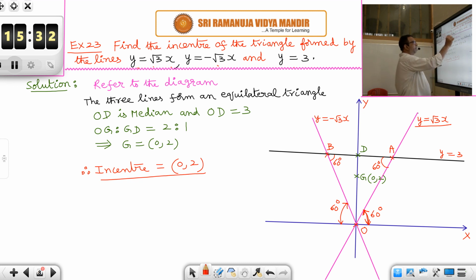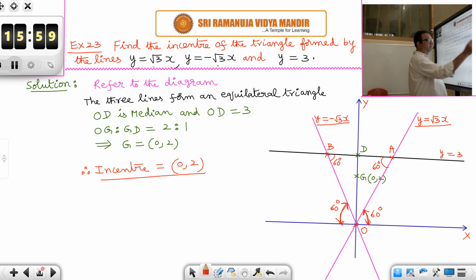The second line, y is equal to minus root 3 x, is also passing through the origin, and its slope m is minus root 3. That means tan 120 is minus root 3. So its inclination is 120 degrees, meaning it makes 120 degrees with the positive direction of the x-axis, which means it makes an angle of 60 degrees with the negative direction of the x-axis.